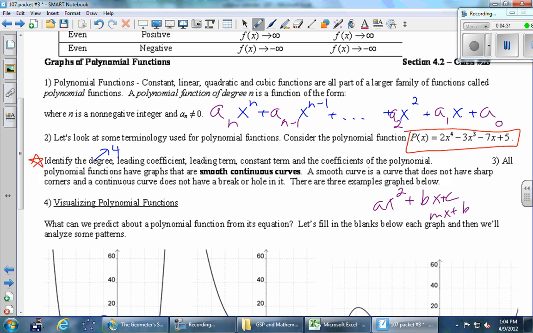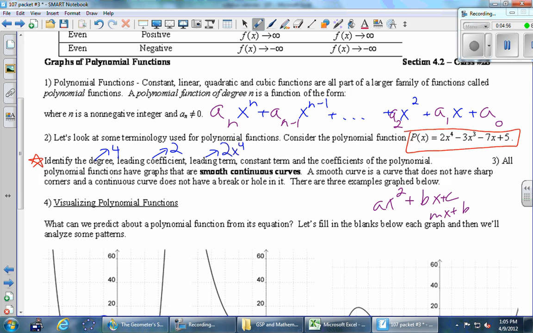Next thing is the leading coefficient. That's the number sitting in front of the highest x power, and that's a 2. Leading coefficient is 2 in this case. The leading term is the 2 together with the x's. 2x to the 4th is the leading term.